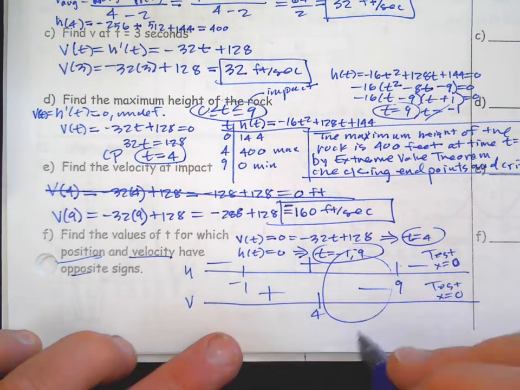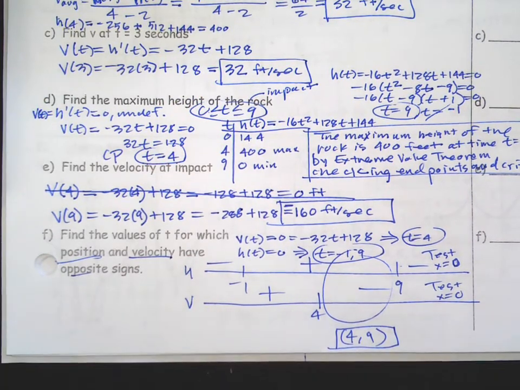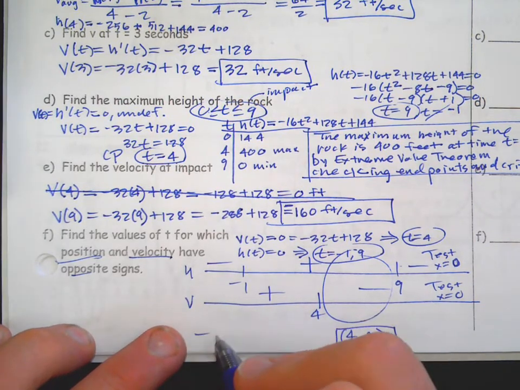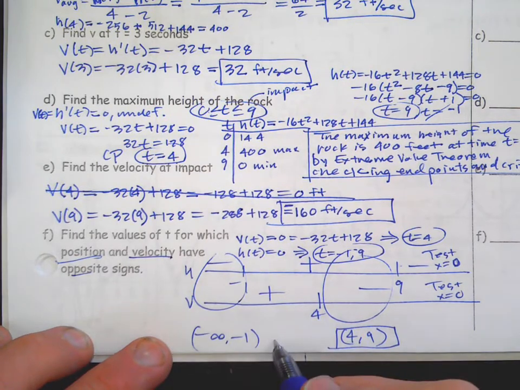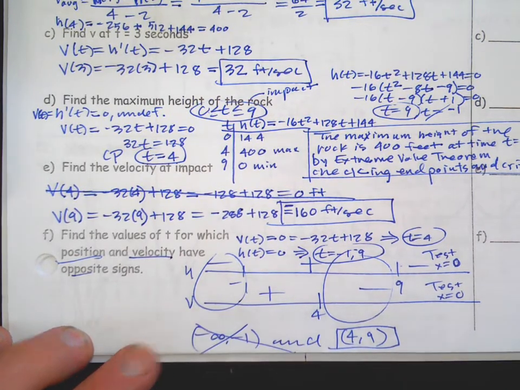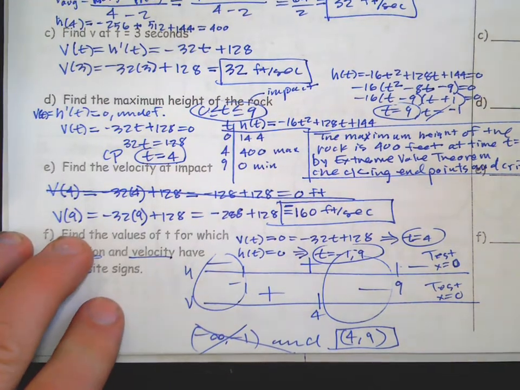Right here, from 4 to 9. In interval notation, you could even say over here, negative infinity to negative 1, they have opposite signs, but we're not going to include negative time for our final answers. Okay, there you go. So you have a problem like this on your test where you do some motion stuff, and they ask you several different questions about that.